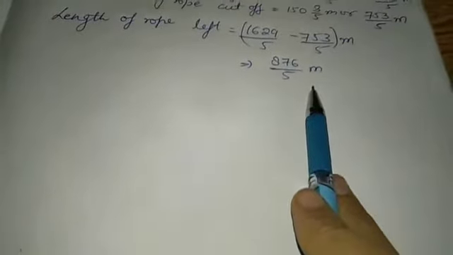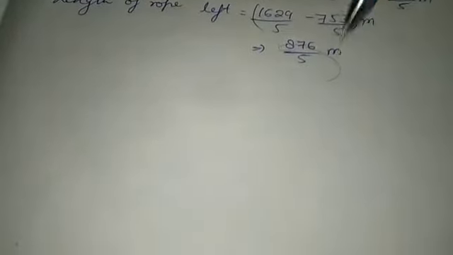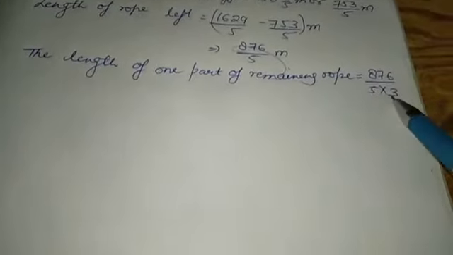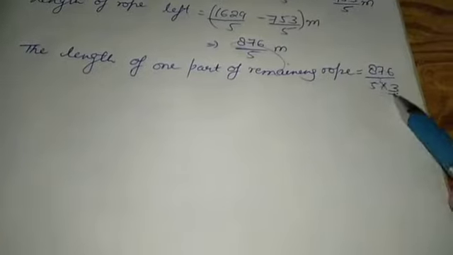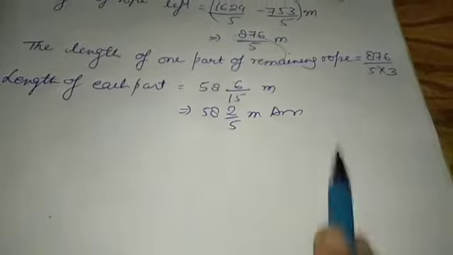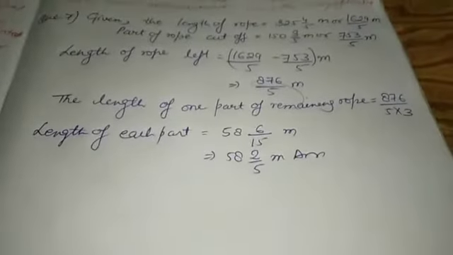Now the question is, we divided this rest of the length in 3 parts, so we need to find the length of each part. Divide this by 3. Now dividing 876 by 15, we get length of each part is 58 2 by 5 meter. Here is the answer.